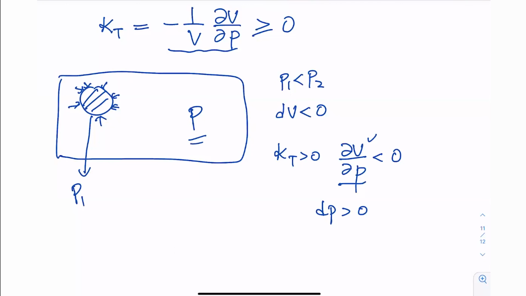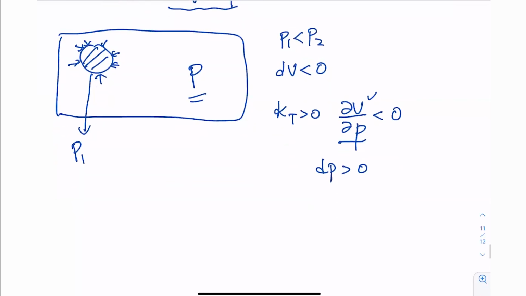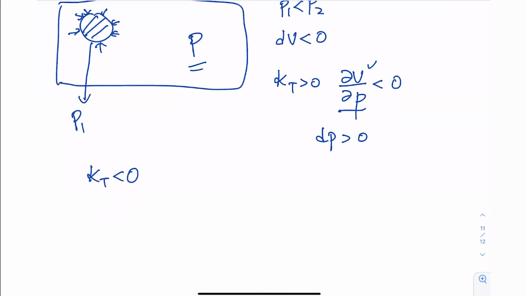Okay. However, if kappa T is smaller than 0, then basically we'll get an opposite result: when the pressure is trying to compress this subregion, what's going to happen is that the pressure change will actually be smaller than 0, which means that this region will actually have a smaller pressure, so the system will compress this smaller region even stronger.